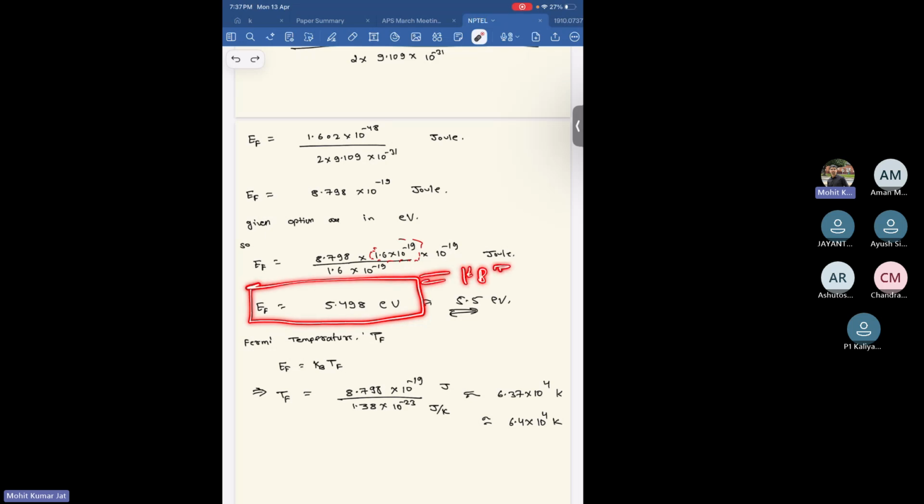Where kB is your Boltzmann constant, 1.38 into 10 power minus 23 joule per second, and T is your temperature. If you do so, you get your temperature to be around 6.4 into 10 power 4 Kelvin. So that's enormously large for the given Fermi energy of 5.5 eV.